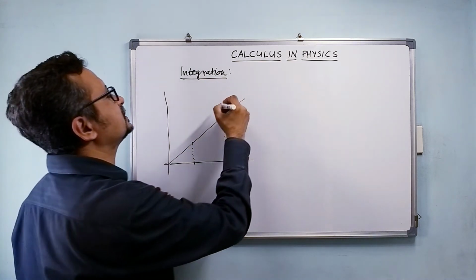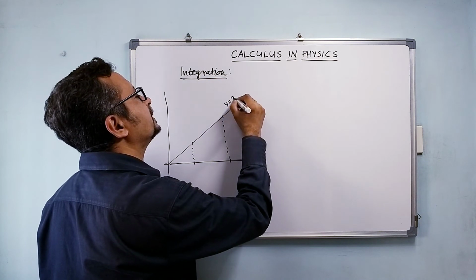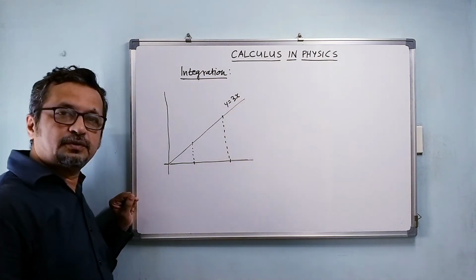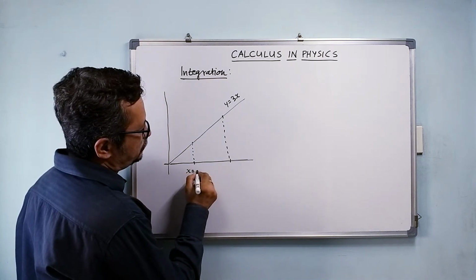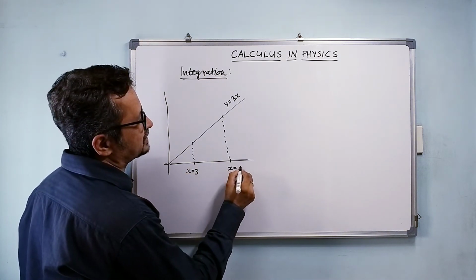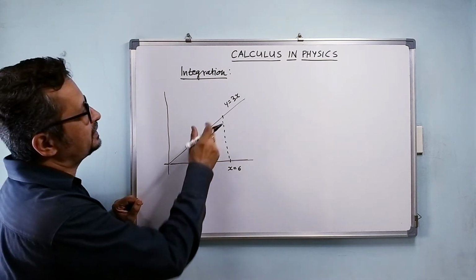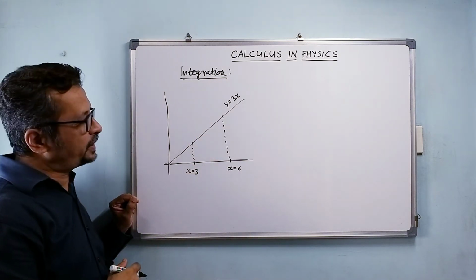Now what is the equation of this straight line? Y is equal to 3x. Y is equal to 3x is a straight line, correct? And this is my x is equal to 3 and x is equal to 6. I want to find this area, okay?